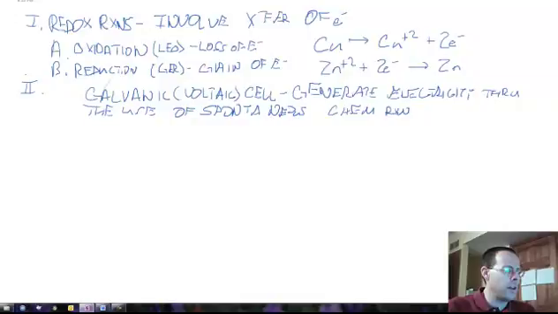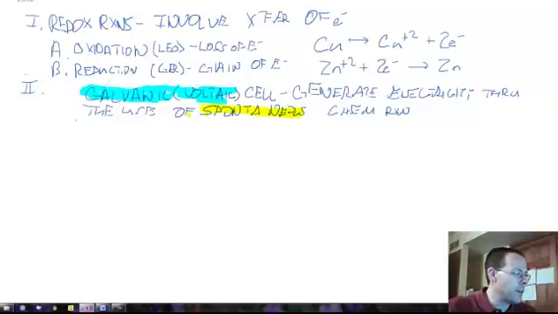The key word here is spontaneous, so we're just going to highlight this. Spontaneous refers explicitly to galvanic or voltaic cells. So if you can connect spontaneous with galvanic, we're good.